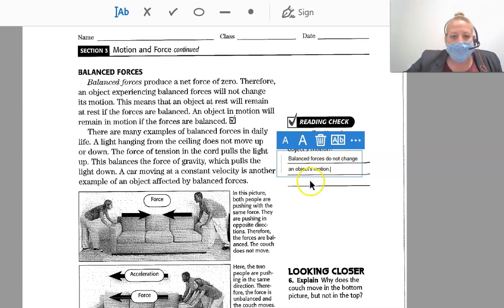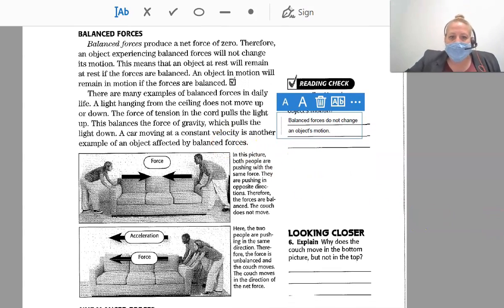There are many examples of balanced forces in daily life. A light hanging from the ceiling does not move up or down. The force of tension in the cord pulls the light up. That balances the force of gravity, which pulls the light down. A car moving at a constant velocity is another example of an object affected by balanced forces.